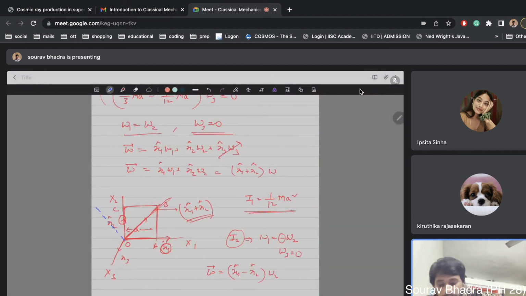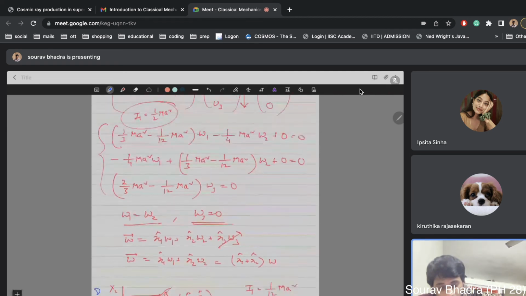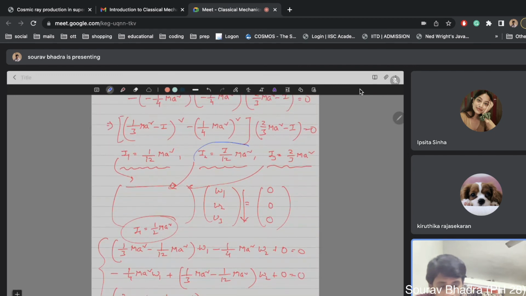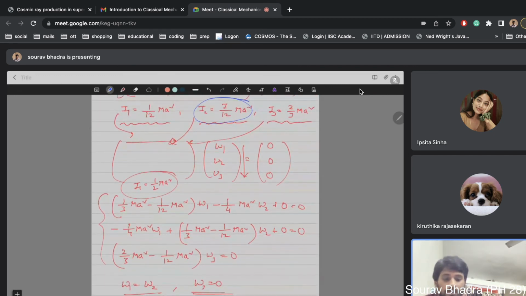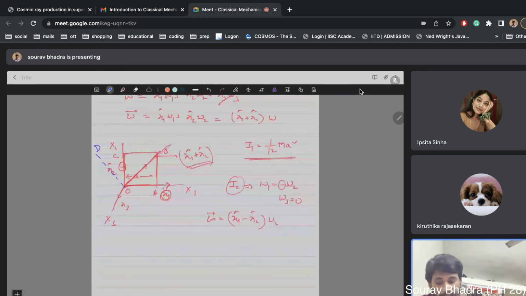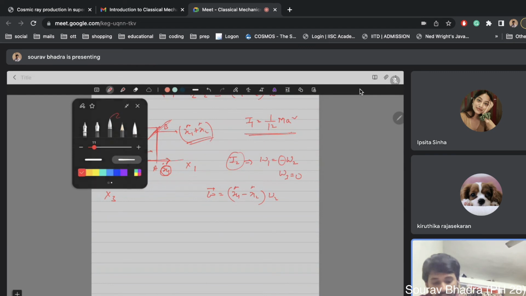So this OB axis was your first principal axis. Now this OD, which is making a 90 degree angle with the OB axis, is our second principal axis, and the corresponding value of I2 is this one, 7 by 12 m square.